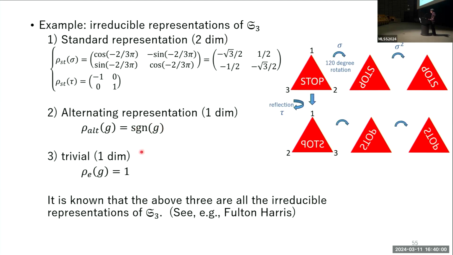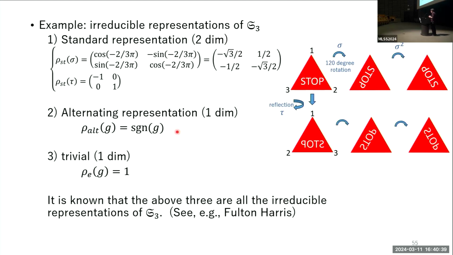And this is the sign of g, meaning that any element of the symmetric group can be given by the multiplication of pairwise permutations. If the number of pairwise permutations is odd, we assign -1.